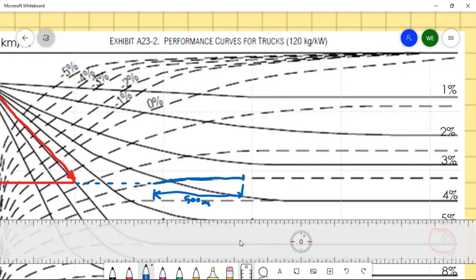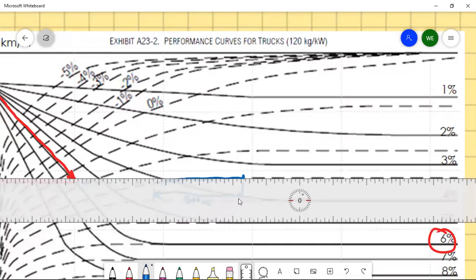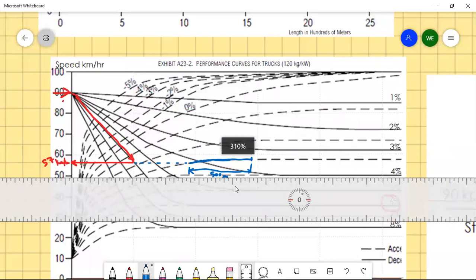What is that speed? It's going to just accelerate slightly, not a significant acceleration.